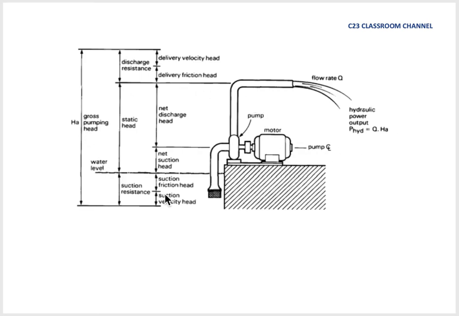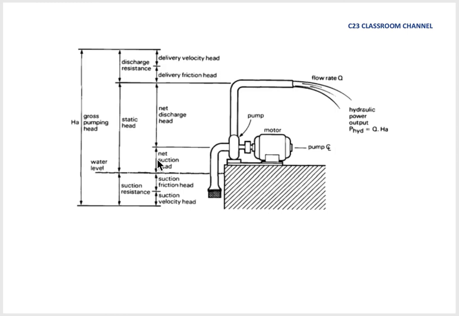This is a little bit complicated, but the idea remains the same. For example, we have a water level here, and a pump, and the pump is capable of bringing water until this level. This is the suction head plus the velocity head, because as we know, the suction head is from the start to the water level, plus the velocity head as we mentioned previously.